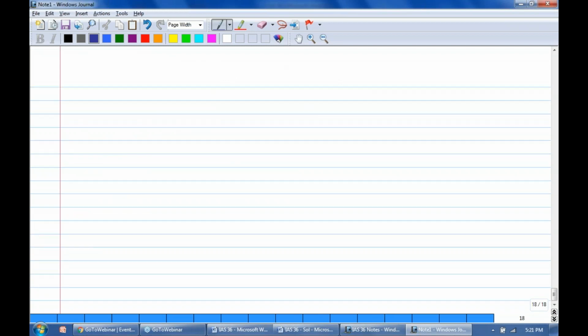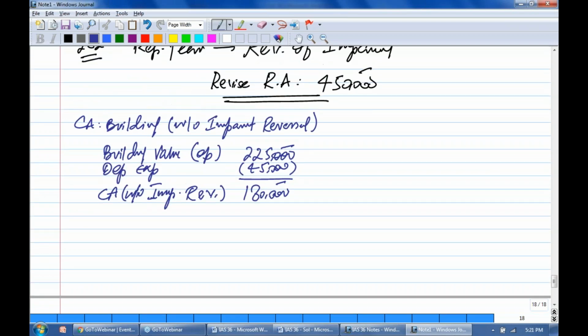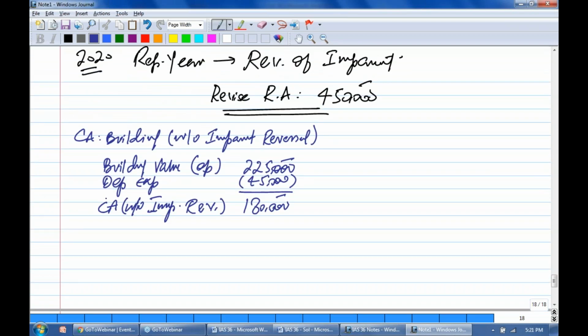Now, what the accounting standard says: you have to calculate a value of the building as if it had not been impaired before.